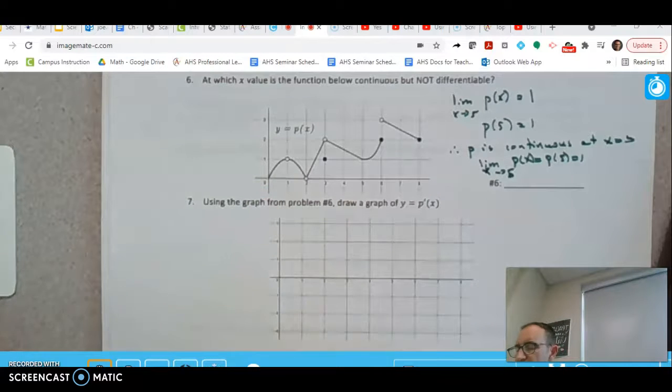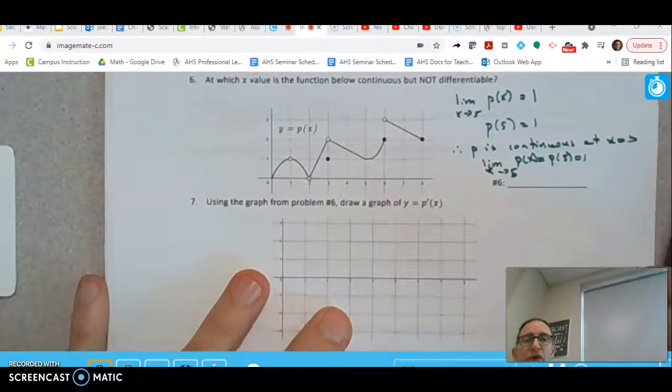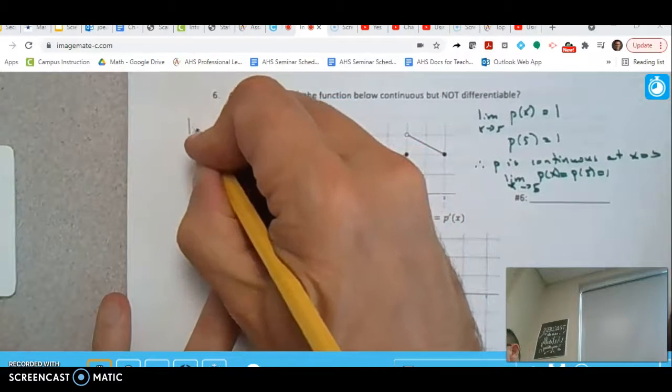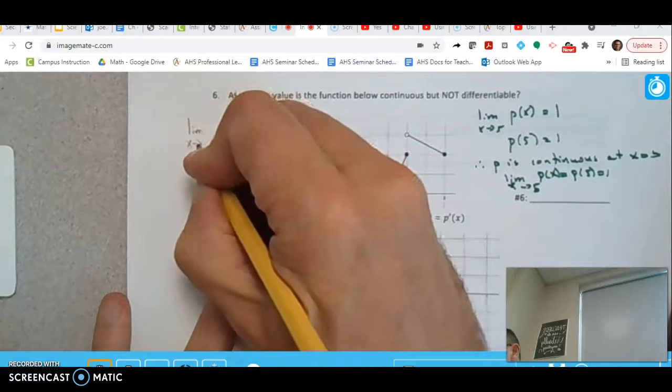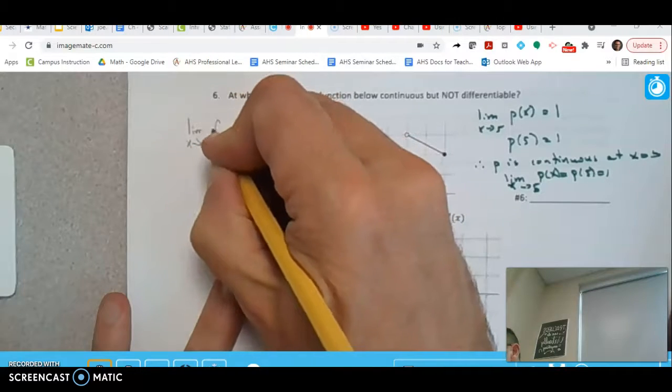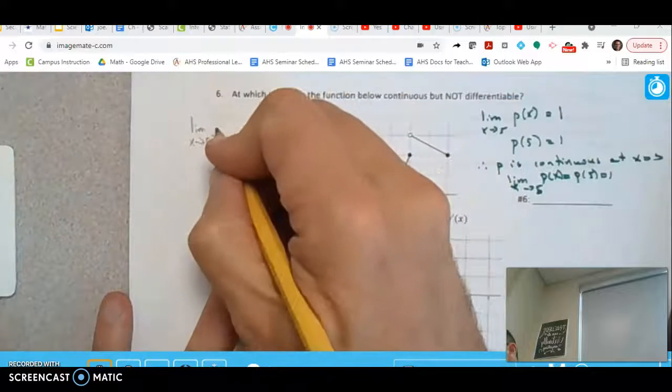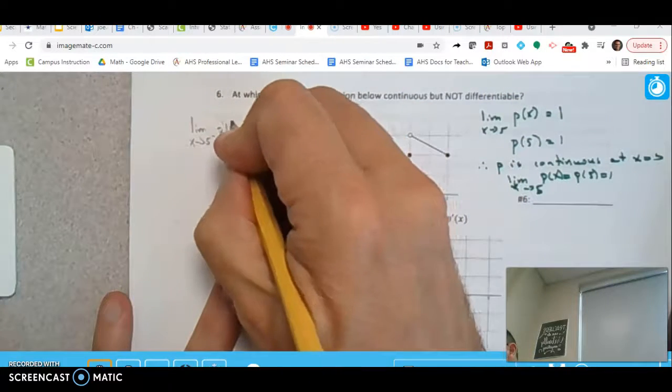Now, to be differentiable means something slightly different. That means that the limit of the derivative as I approach 5 from the left has to equal the limit of the derivative as I approach 5 from the right. So the limit as I approach 5 from the left of the derivative of the function, and this function is called p of x, so its derivative will be called p prime of x.